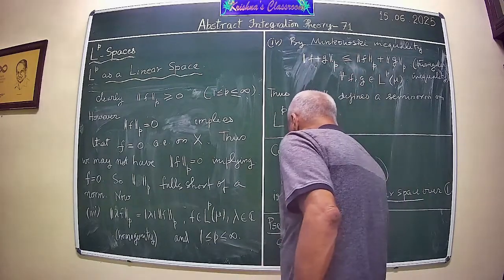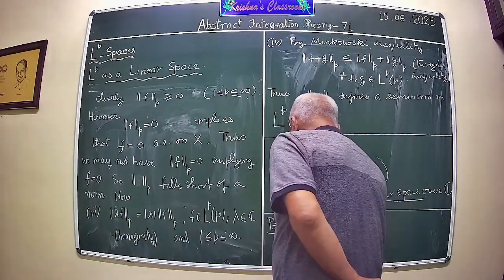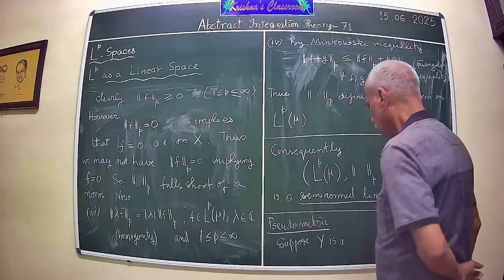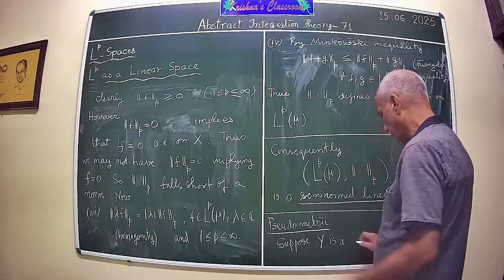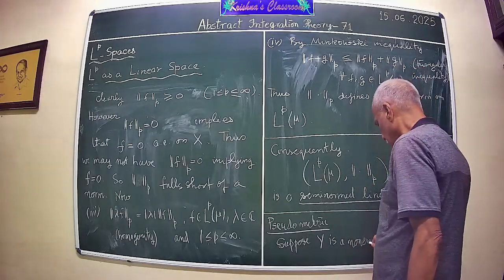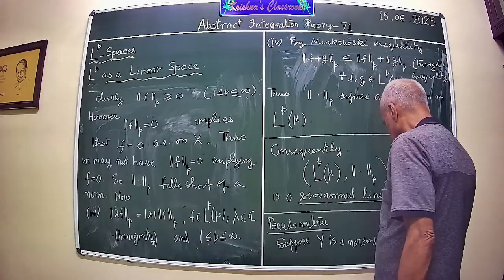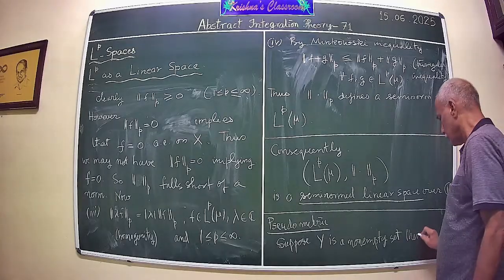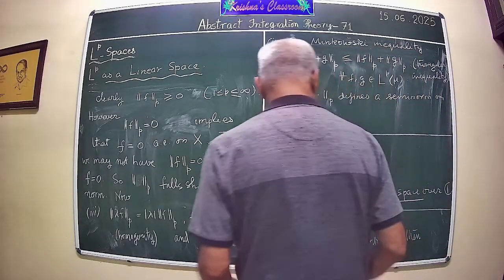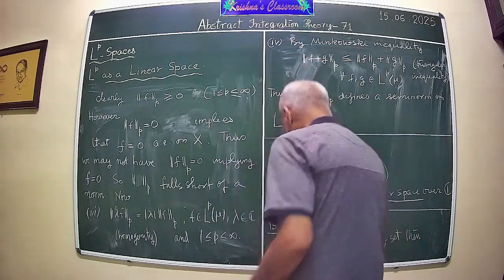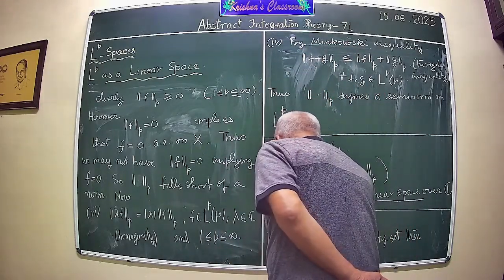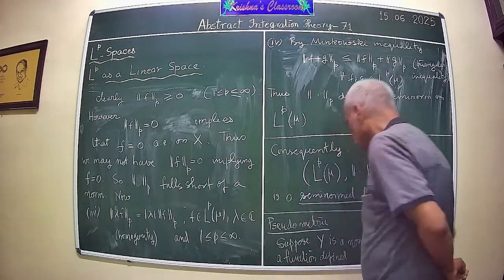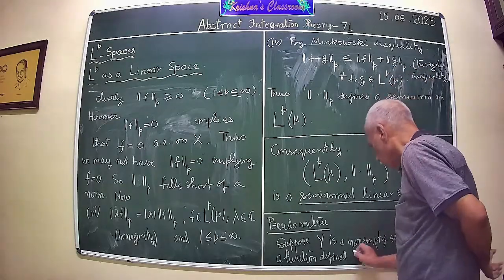Suppose Y is a set, and d is a function defined from Y cross Y to the reals.